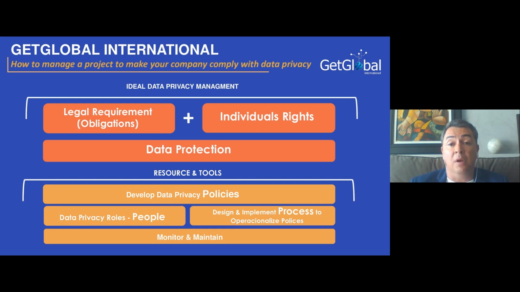Will the company have a data privacy committee? We might have one. If there is a group of people who will be part of this committee, we need to stipulate who these people are going to be.